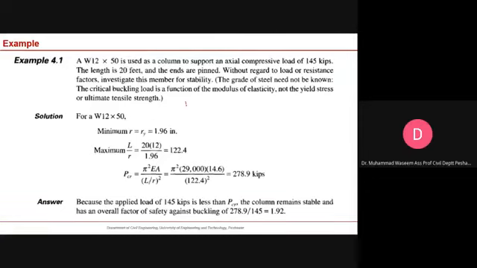We can check whether failure is going to take place in my compression member using this simple formulation. This is example 4.1. It states that there is a wide flange section. This is a wide flange section.